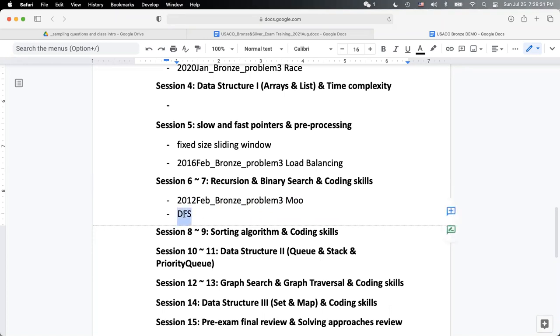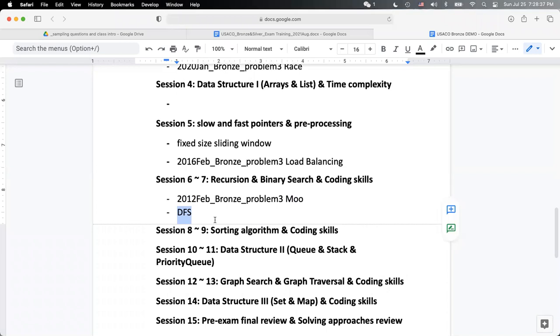I will expand on DFS in the graph chapters, but in terms of implementation, recursion is definitely something we need to master, even though, like I already said, a standalone recursion problem will not happen in recent years. But it is still very important for you to understand what recursion is and, at least in code structure, how to deliver it.